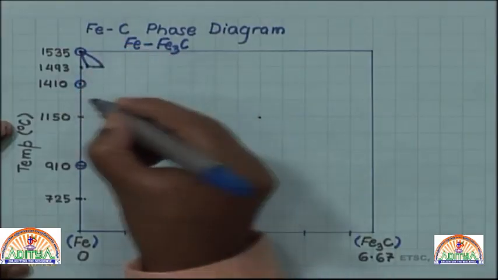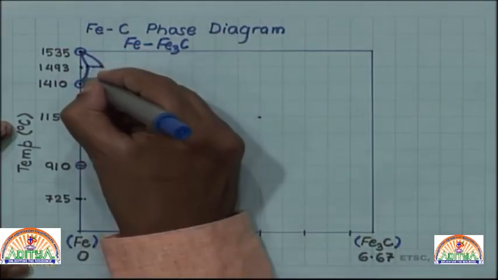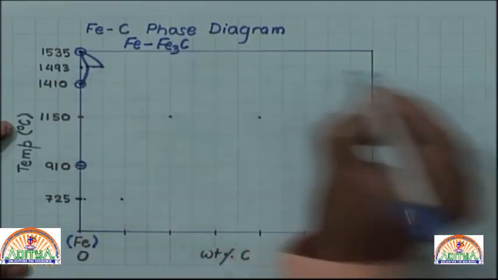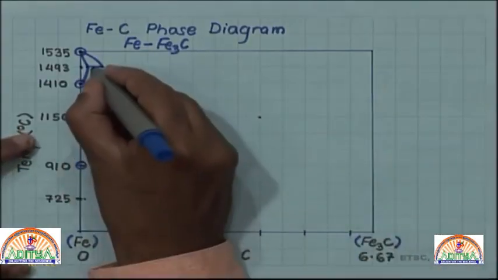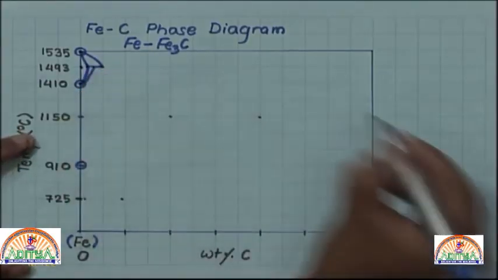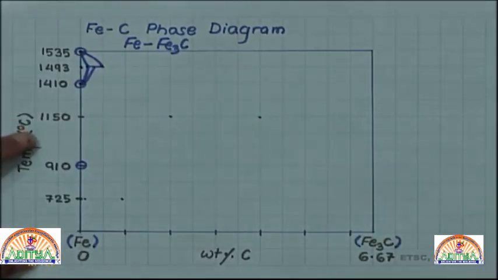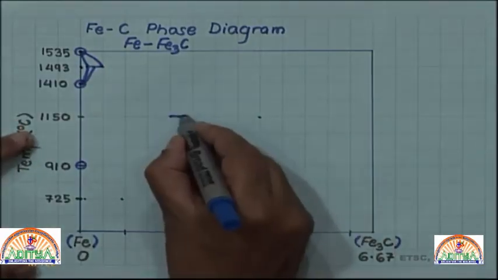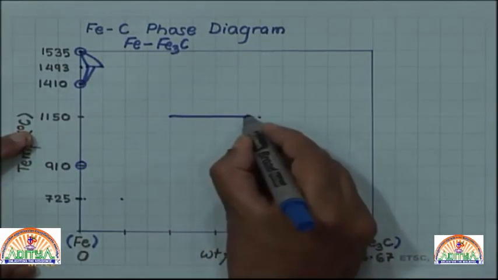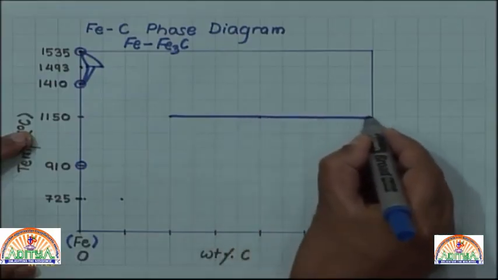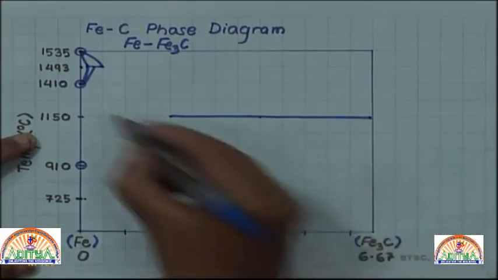So there is a phase boundary like this. Then it connects with 1410. Another invariant reaction runs here, and there are phase boundaries connecting these two invariant reactions.